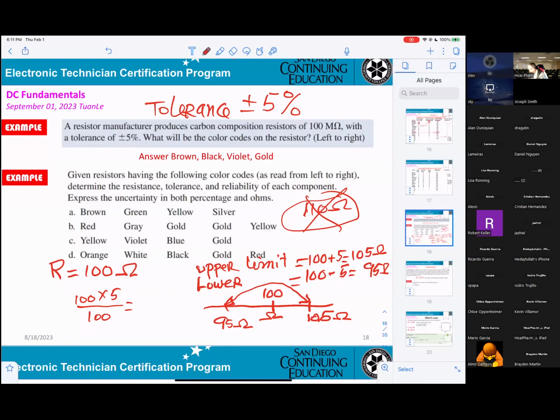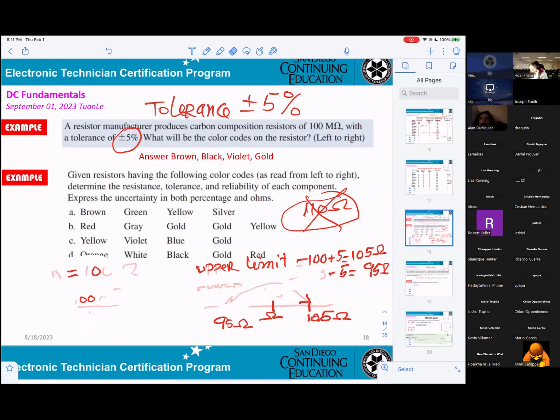Okay, let's see. You see violet here, right? That will be the tolerance. What tolerance can we get? Plus or minus here, 5%.